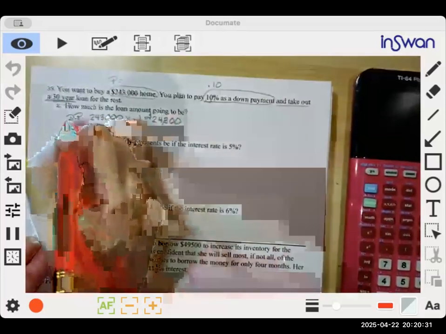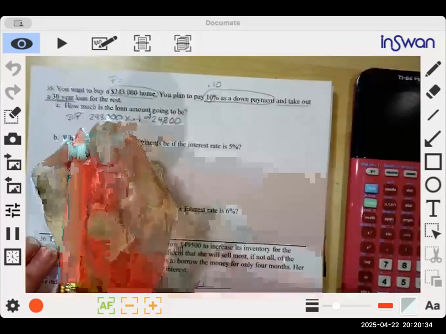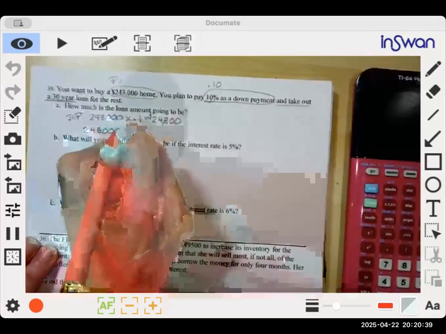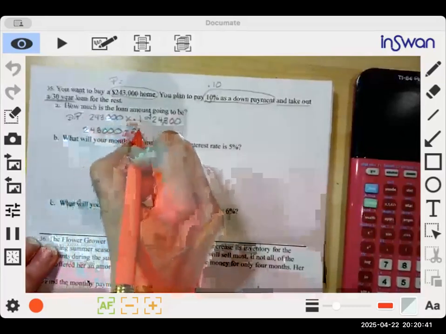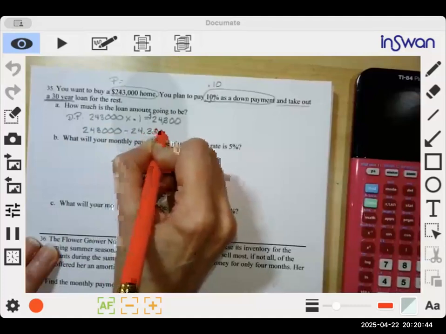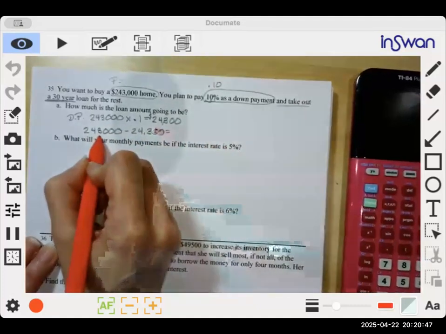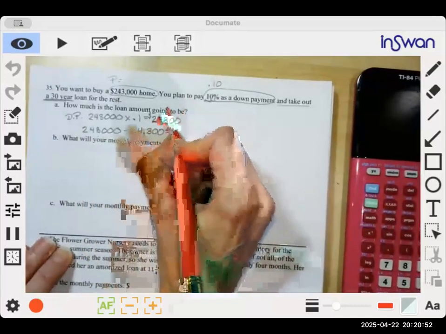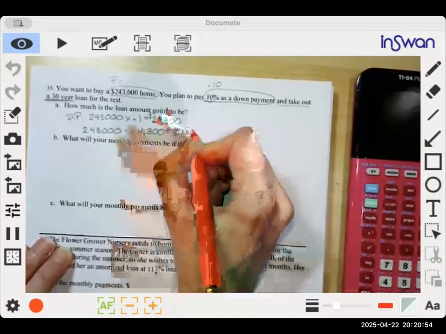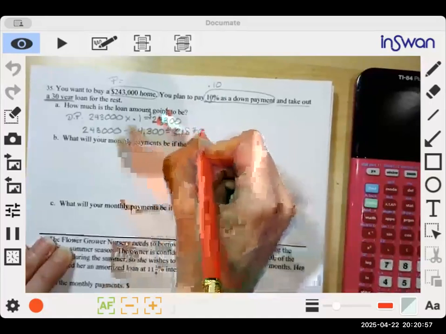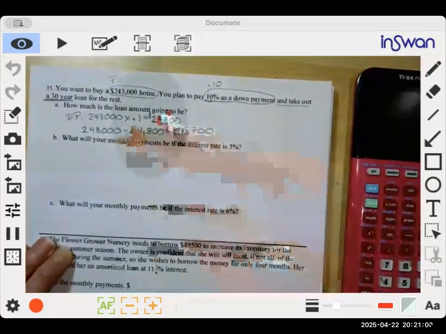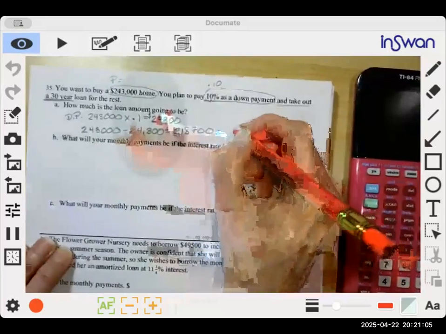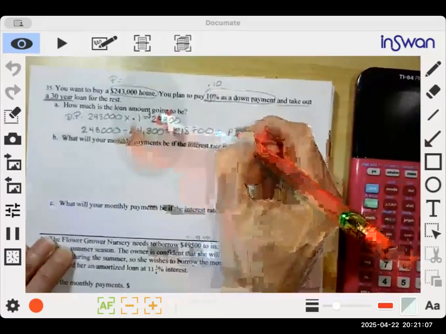So this is just the down payment. Now we need to take the cost of the house minus that down payment, which gives $218,700. So this is our principal for the loan.